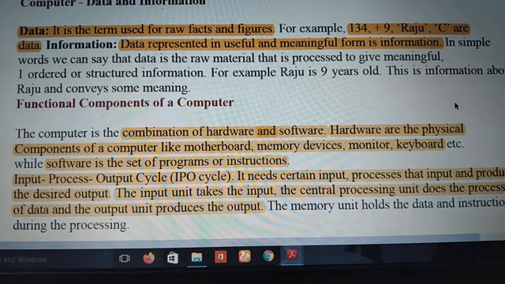In order to extract information, Raju is 9 years old. So here you get the information that Raju is 9 years old, for which data is necessary. Here the data is Raju, and the information you are getting from that is that he is 9 years old.